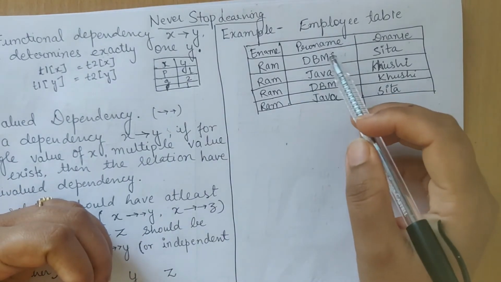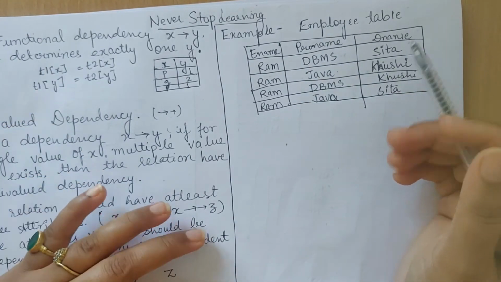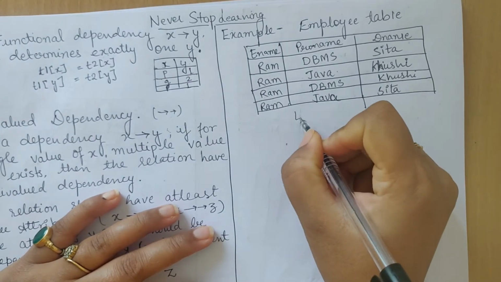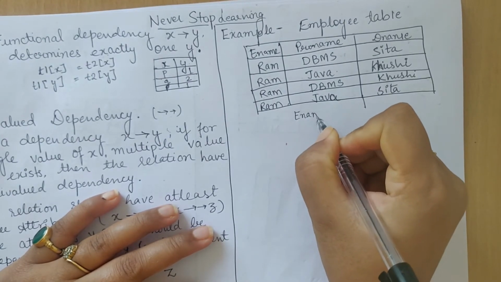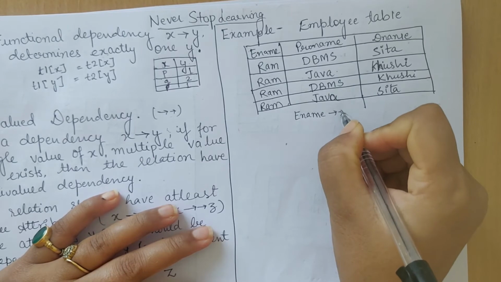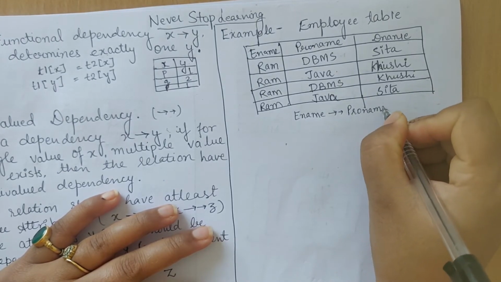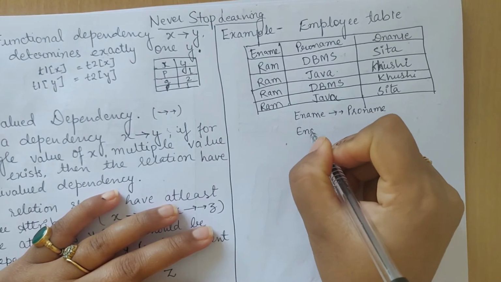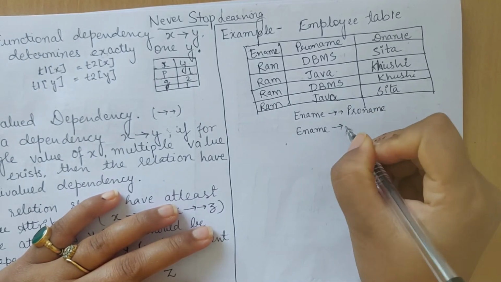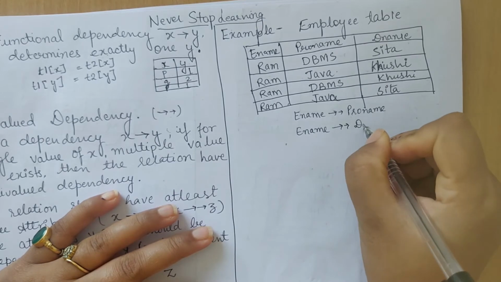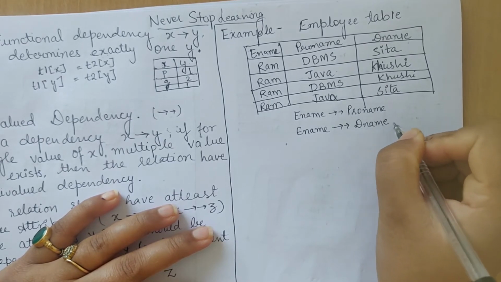And he can work in many projects as well. So basically for employee name there is a multi-valued dependency for project name, and for employee name there is a multi-valued dependency for dependent name as well.